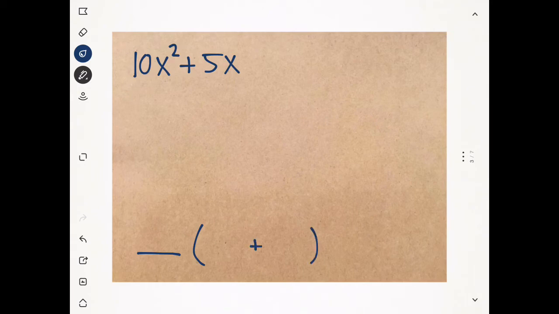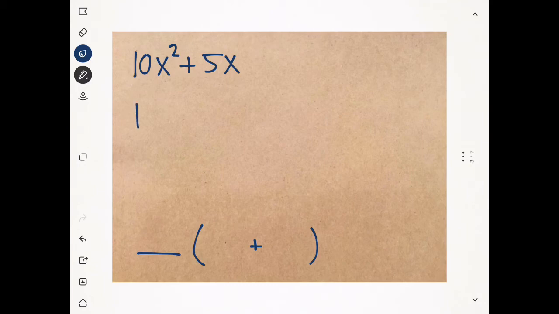So I'm going to look at something like, let's say we have 10x squared plus 5x. Okay, I can do the same thing that I did on the previous one where I say, my answer is going to have something on the outside and then two things on the inside separated by a plus sign.